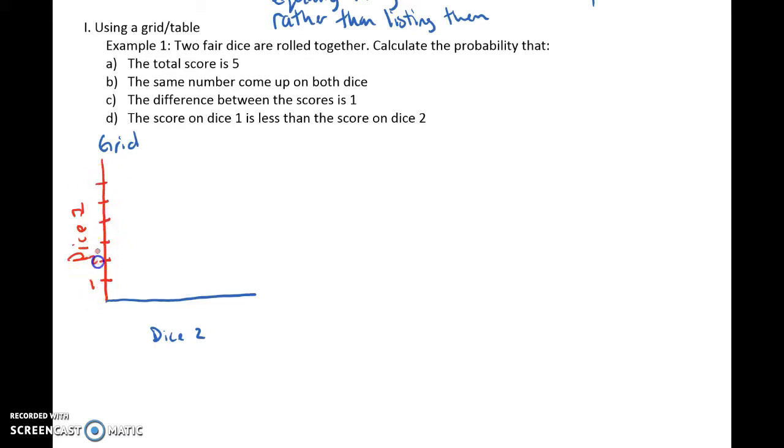So 1, 2, 3, 4, 5, 6, right? And 1, 2, 3, 4, 5, 6. So you're creating this little scatter plot of the possible situations. So you can have 1 and 1 show up, 1 and 2, 1 and 3, etc.